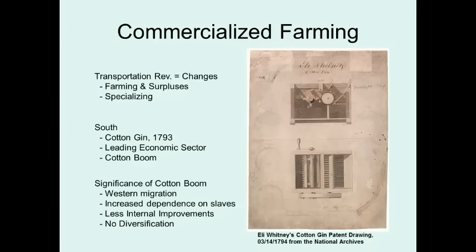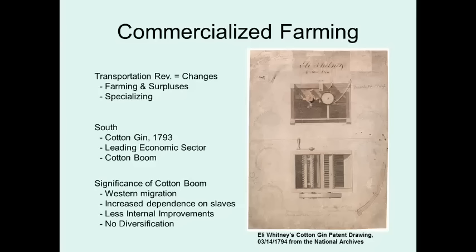And finally, the cotton boom is significant because it hindered Southern diversification. Cotton was very profitable. So that is basically all the South does. There are a few places where they're growing sugar, there are a few places where they're growing rice and maybe tobacco, but by and large, the vast majority of the South is growing cotton.